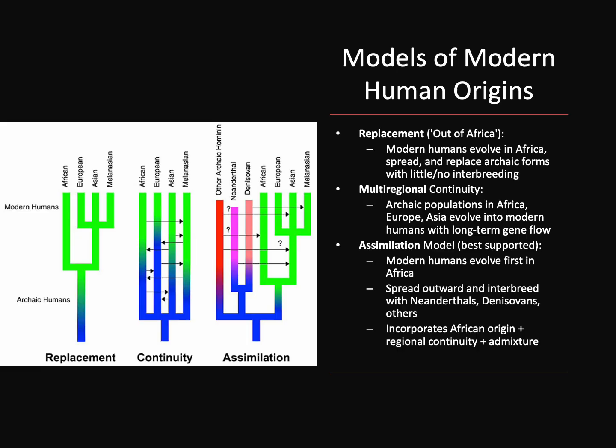Most importantly, genetic data show clear signals of interbreeding between modern humans and archaic populations. So, in other words, the story is not pure replacement. It's not equal parallel evolution in every region. It's African origins plus later admixture. A much more entangled hybrid story.